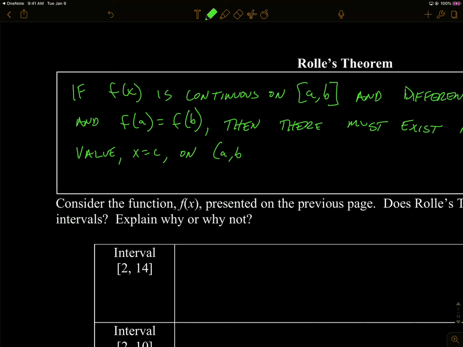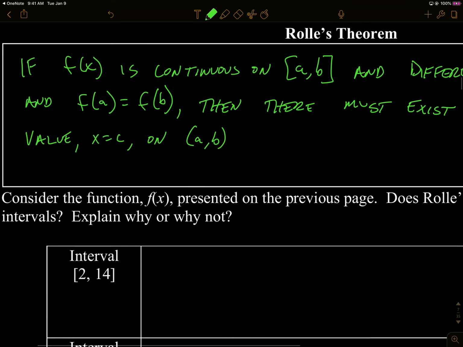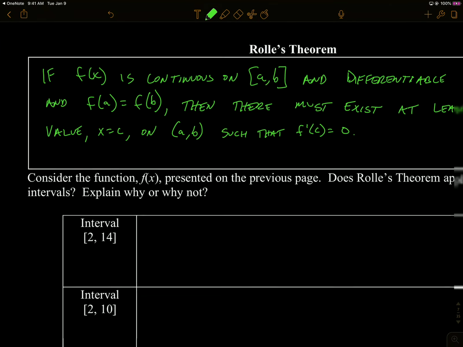So it's not one of the endpoints. Some other value that's not an endpoint, such that its derivative is equal to 0, meaning it will have a horizontal tangent line.